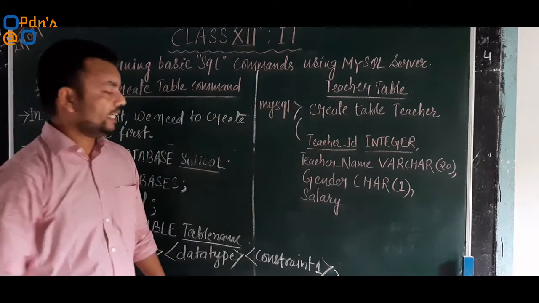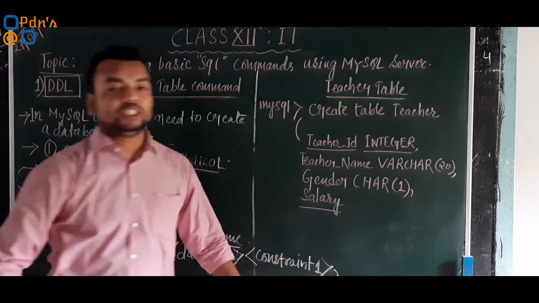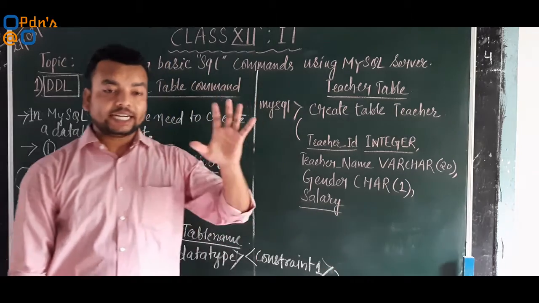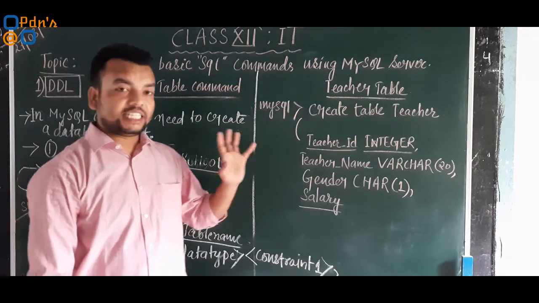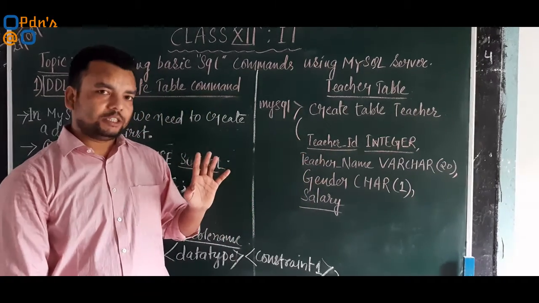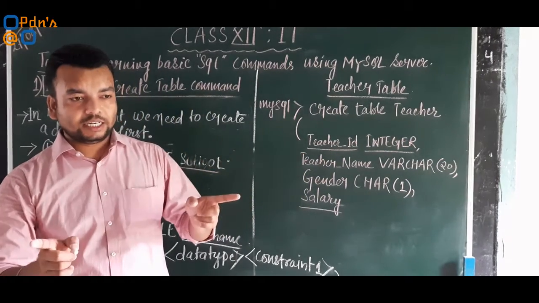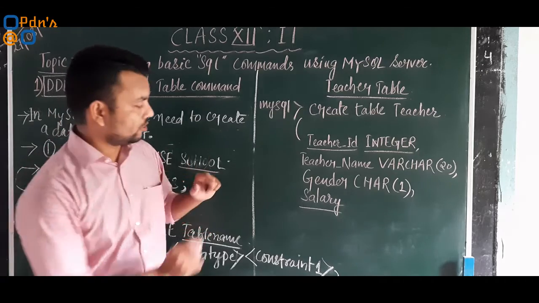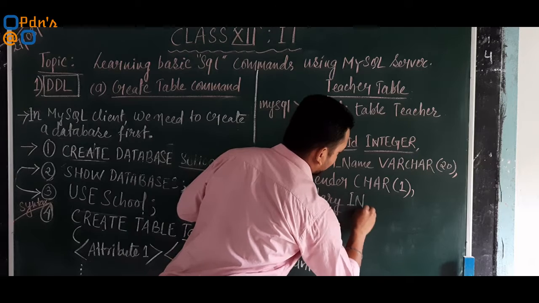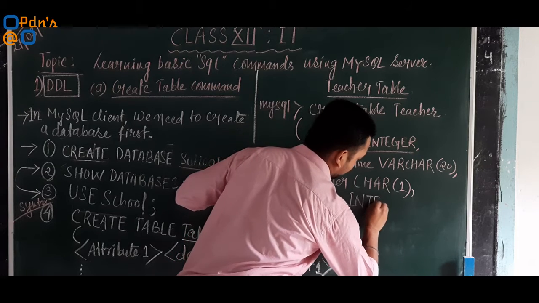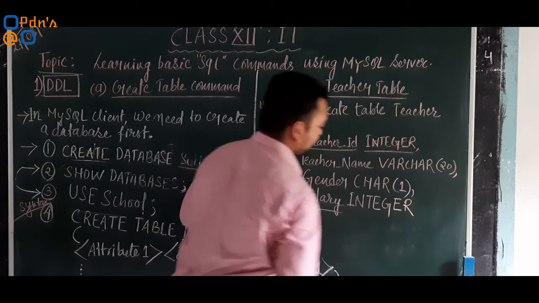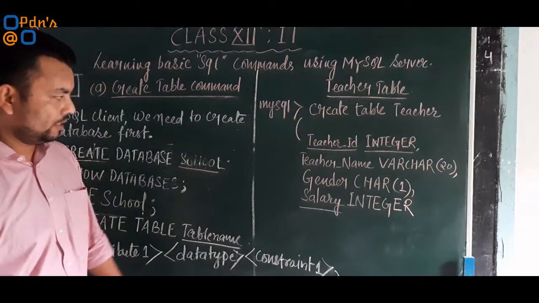Now salary can be provided with two or three data types. The first is integer, which will take only integer values, and the second is decimal type. In decimal type we can insert floating point values as well, meaning decimal numbers can also be inserted. So for salary, we are going ahead with integer first, and later on we will learn how to go ahead with decimal.